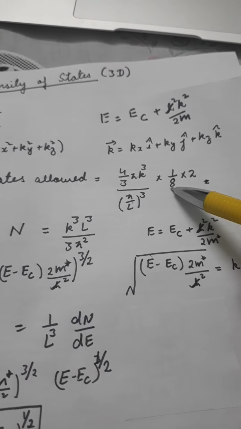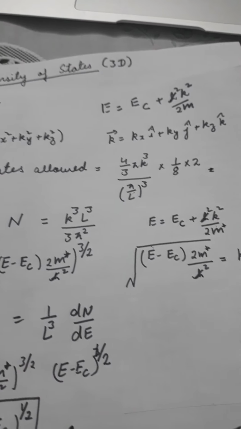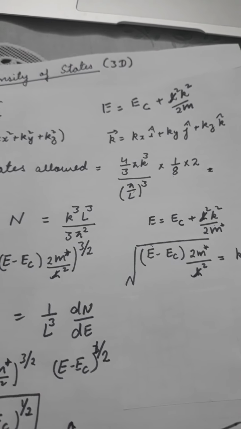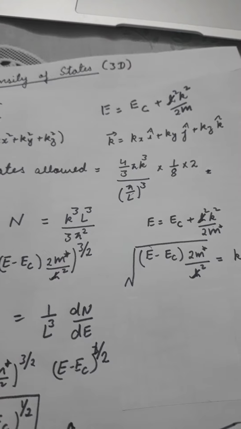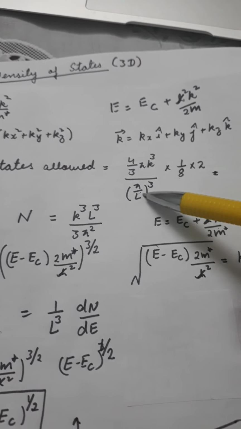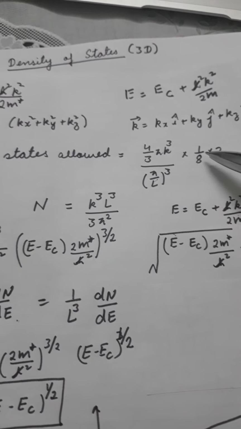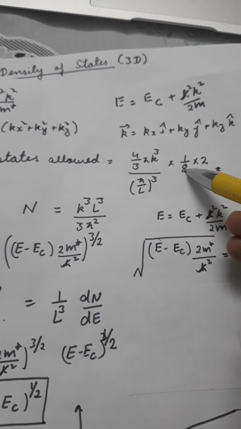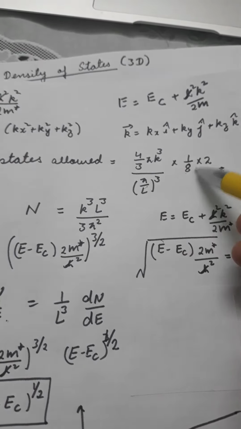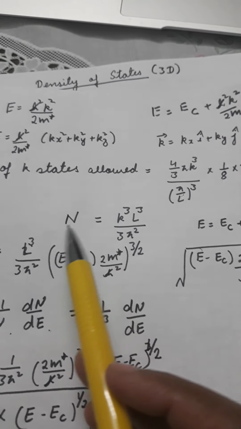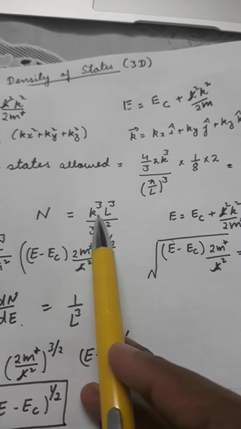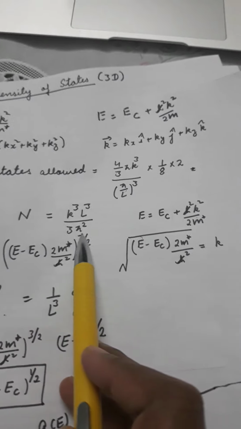So that is why a factor of 1 upon 8 is there. Also a factor of 2 is required because each state can actually have two spin states. And also divided by the volume of one state, which is pi upon L cube. So 2 cancels with 8, we get 4, 4 cancels with 4, and so on. And so from there we get the number of states to be k cube L cube upon 3 pi squared.